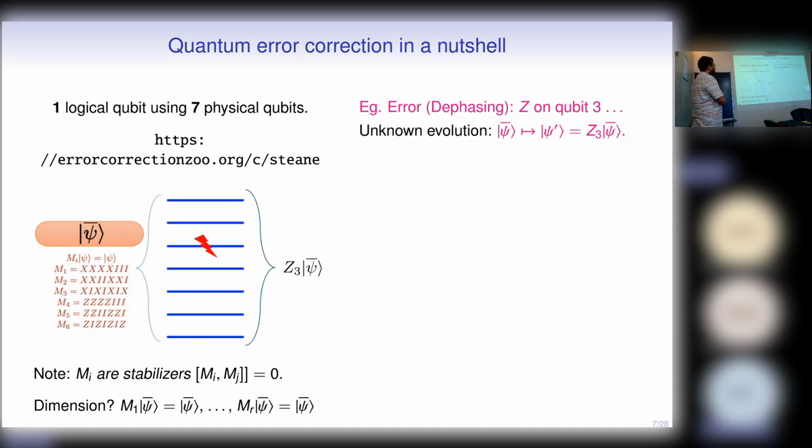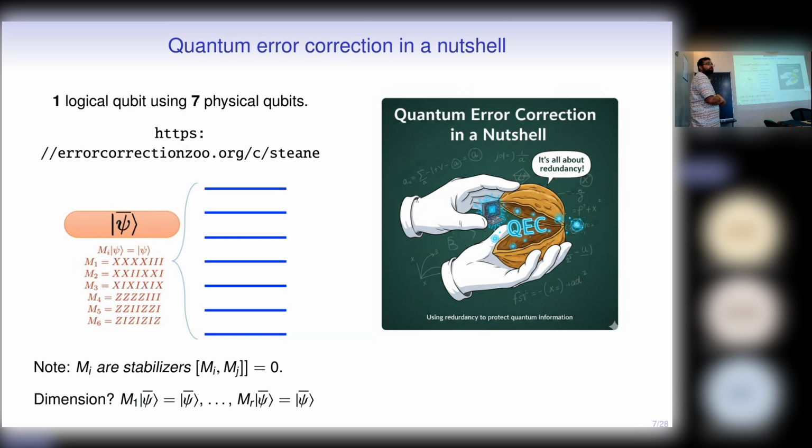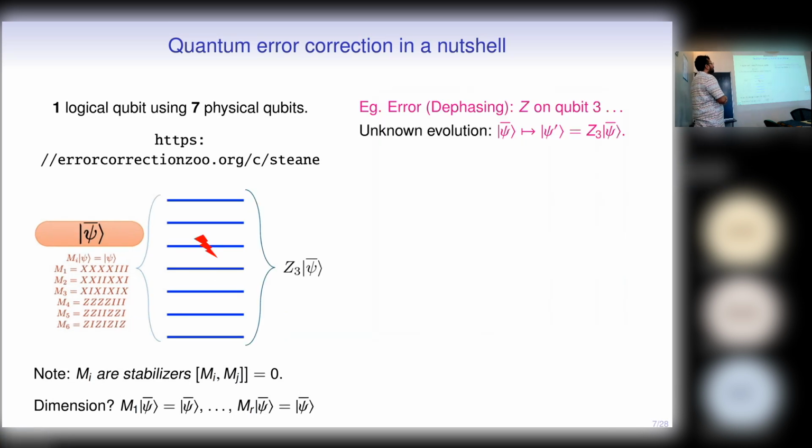Okay. Now let's see how that actually works in practice. Now let's say the 7-qubit state went through some noisy medium and there was some error. Error is nothing but some unknown operation. For now, we'll focus on just an unknown Pauli operation.